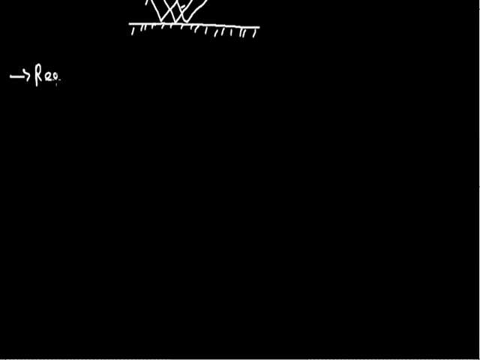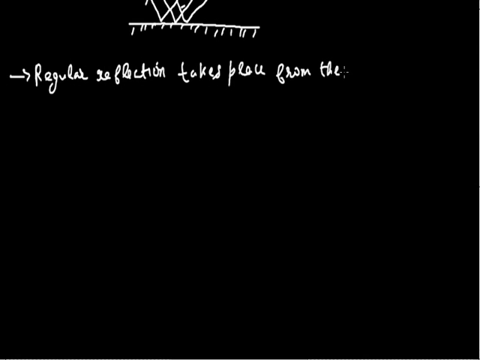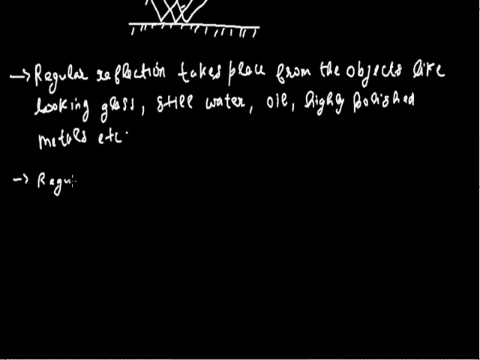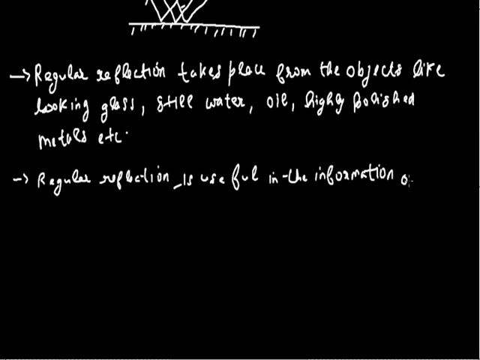First, regular reflection takes place from objects like still water, glass, oil, highly polished metals, etc. Regular reflection is useful in the formation of images.